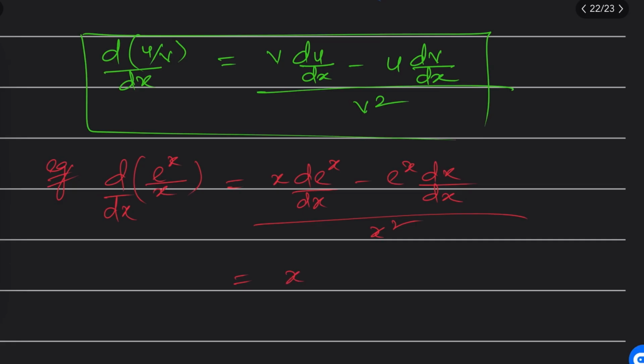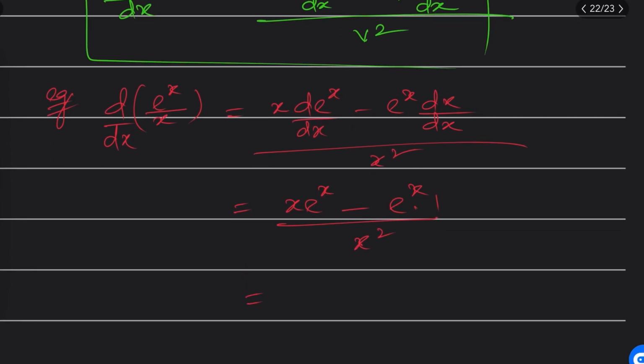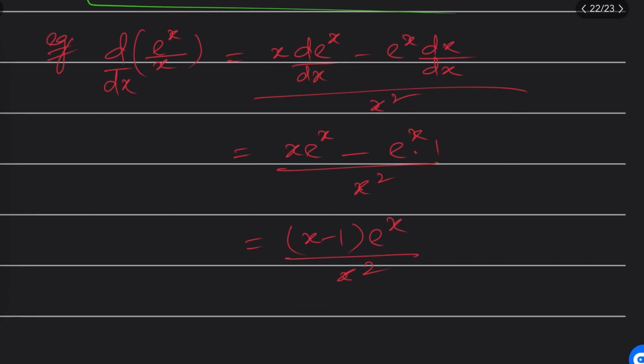So what is this, sir? x times e to the power x is e to the power x, minus e to the power x, differentiation of x with respect to x is 1, isn't it? Divided by x square. So what is the answer, sir? The answer came out x minus 1 into e to the power x divided by x square. Further simplification you can do as per the requirement of the options. You can go with this.